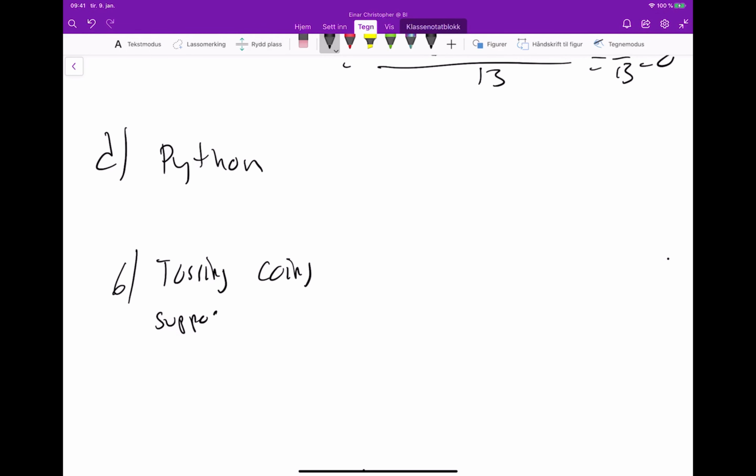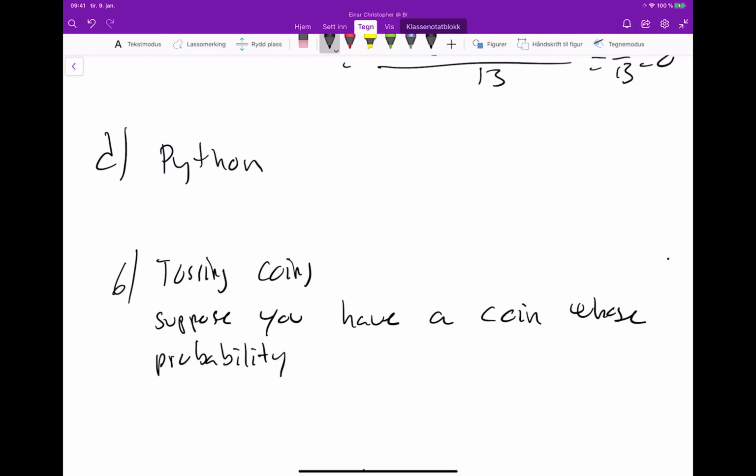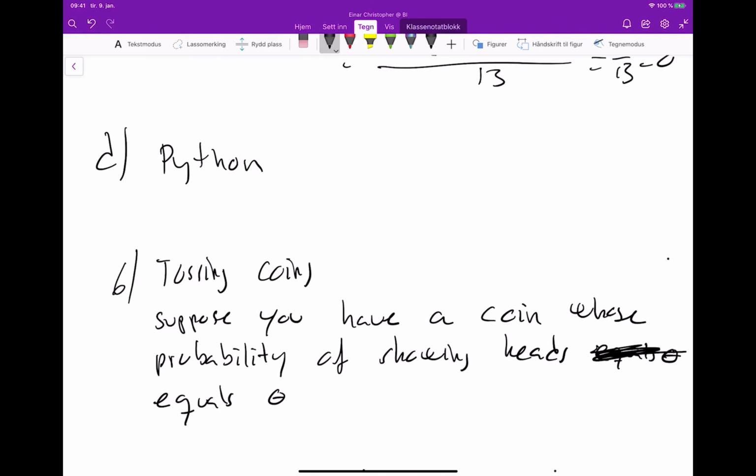Suppose you have a coin whose probability of showing heads equals theta, some unknown parameter.